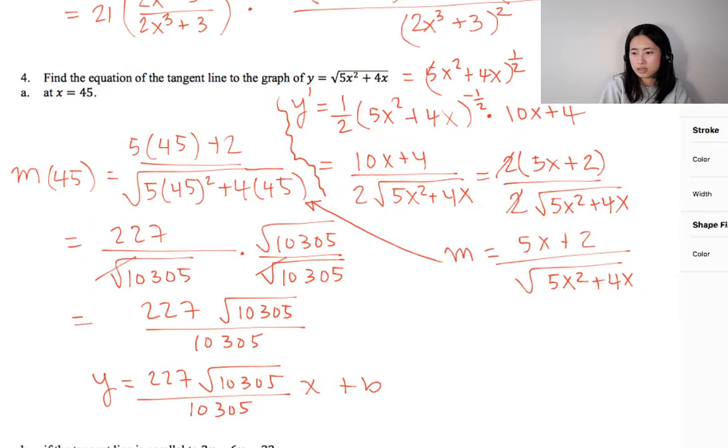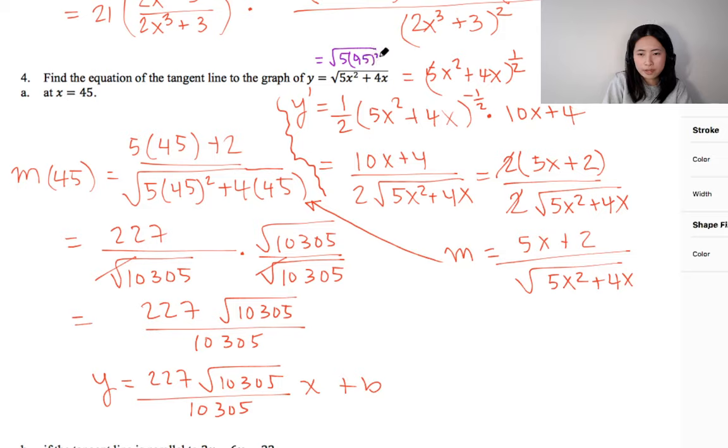Okay, let's do that. I'll use a different pen, purple. So if we plug in 45 in our x, so 5 times 45 squared. Yeah, this is 45, not 9. Okay, you get the point, guys, right?